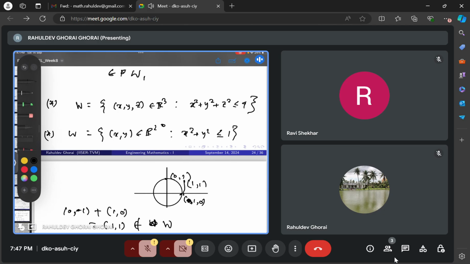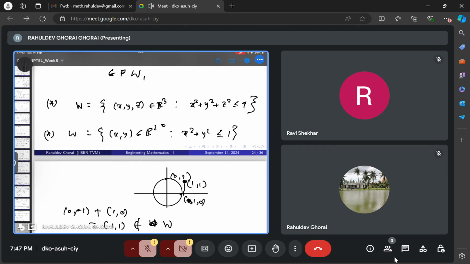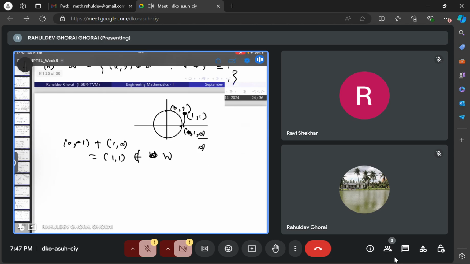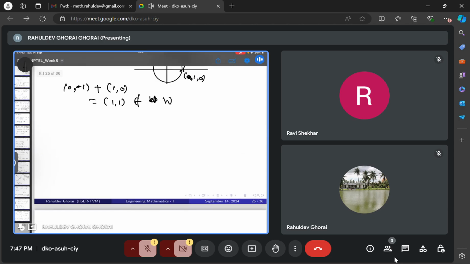This is the 1, 1 point. So this will not be in the circle. You can easily check that from R2 itself, and you can go to the sphere and check it too, right? So that's another question here. Okay, we'll give some other questions.